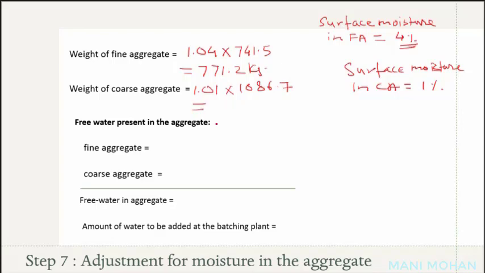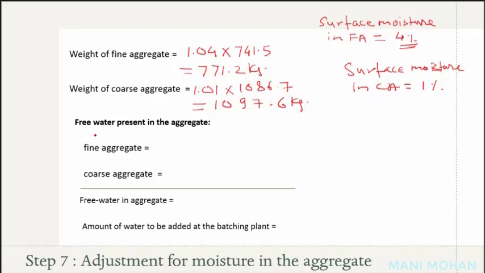So this gives me weight of coarse aggregate as 1097.6 kg. The fine aggregate which you should use, it should be 771.2 kg. Weight of coarse aggregate which you should use, it should be 1097.6 kg.